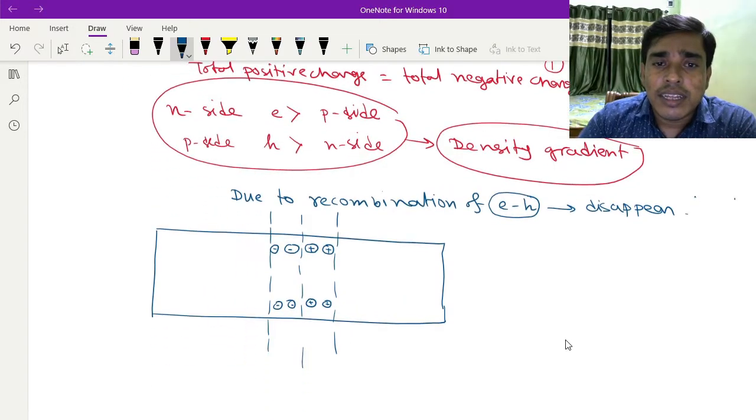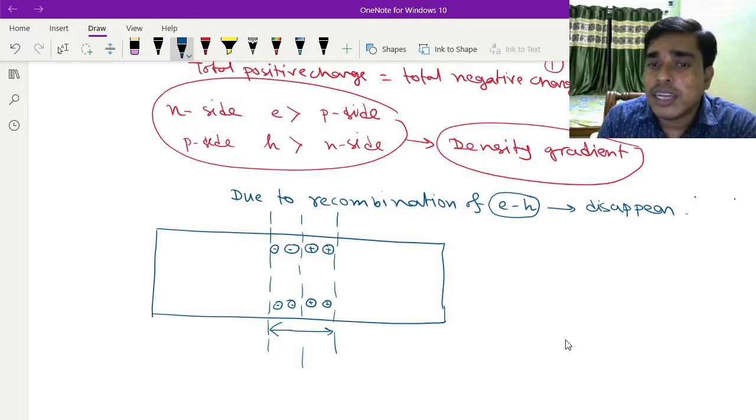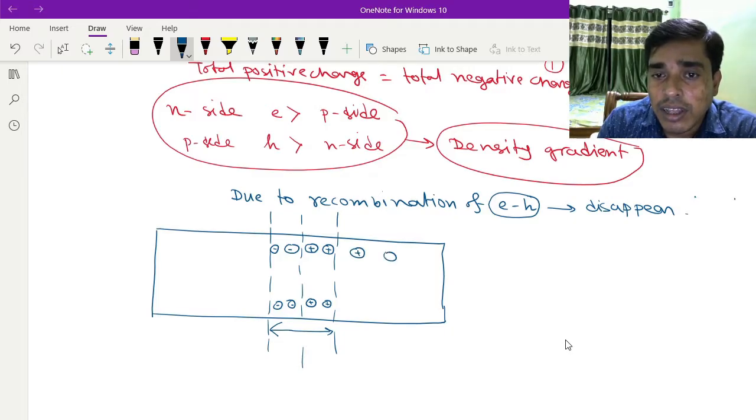So in this region, there are only ions, there are no electrons, no holes. This region is only ions, there is no electron, no holes, and this region is ion.